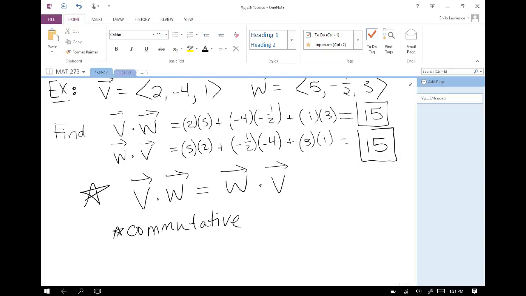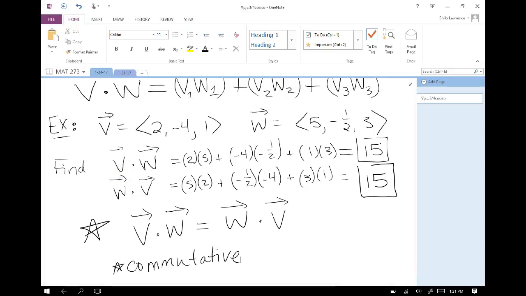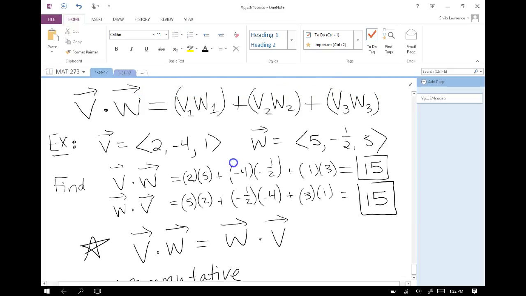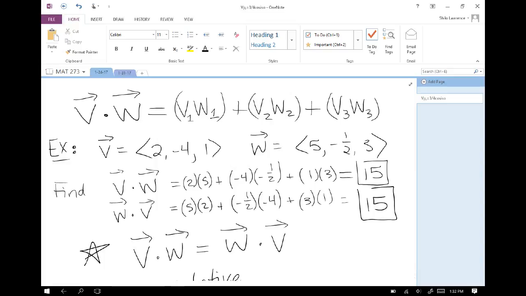That's all we got to in class last time. We said to do dot product between two vectors, we multiply corresponding components, and then we add those results. We can do this for two-dimensional vectors, and we can do it for three-dimensional vectors. For two-dimensional vectors, we just won't have the v3 times w3 at the end. It would just stop at component 2.